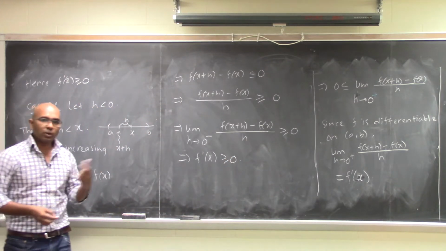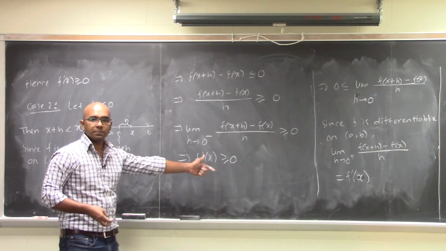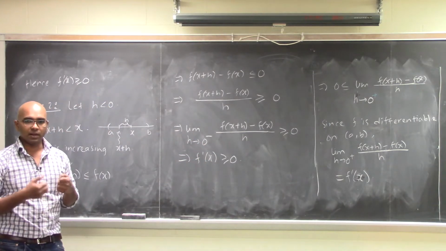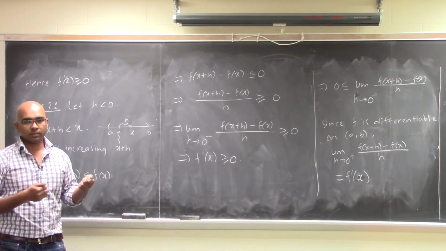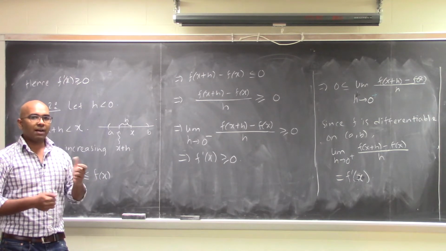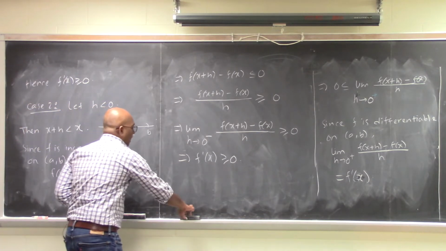So in both cases we got the same thing, f prime of x is bigger or equal to 0, and it is happening because my function f is increasing on that interval a to b. So we have proved half of the implication. Now we need to prove the other direction.